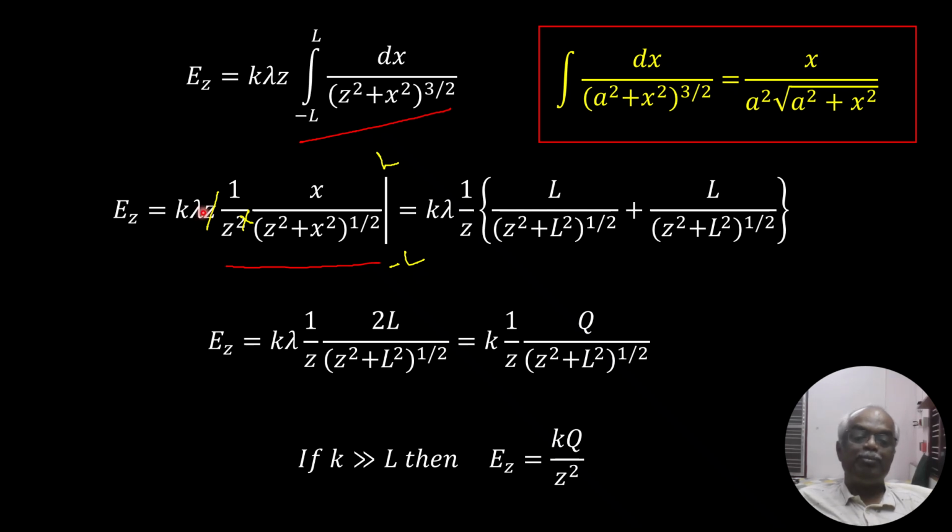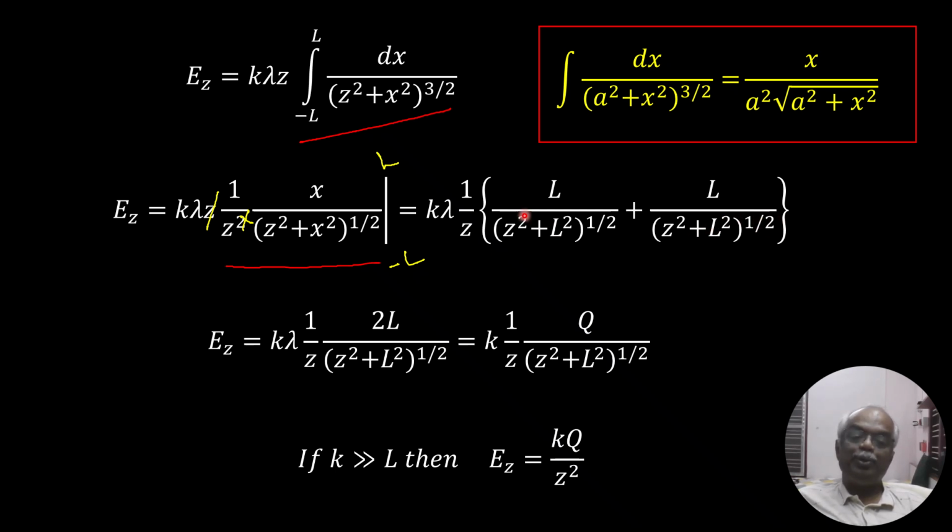This will become k lambda 1 over z, and if you apply the upper limit, then x is L over z squared plus L squared whole power half. And if you apply minus L, then minus of minus will become plus, so this will be L over z squared plus L squared to the power 1 over 2.